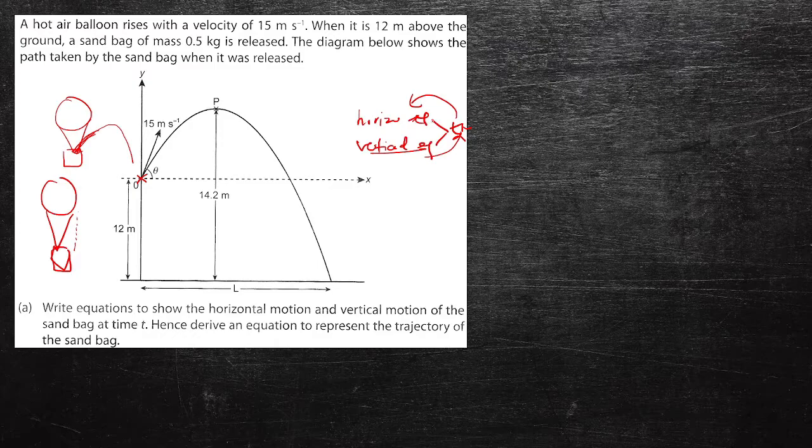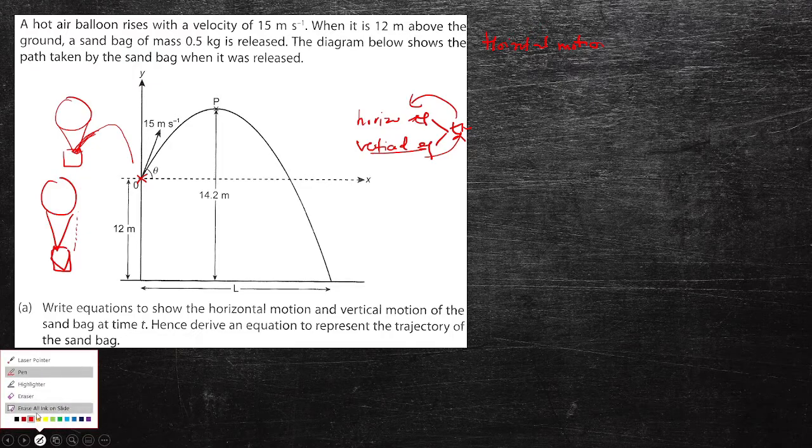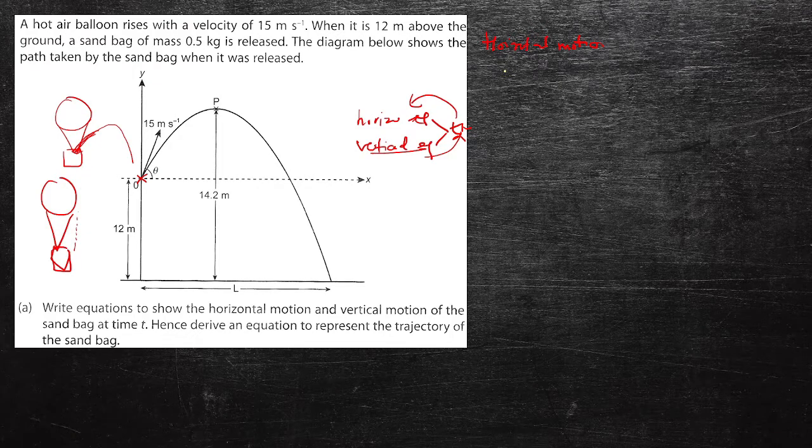So first of all, we have to start with the horizontal motion. So horizontal motion, x equals 15 cos theta t. Okay, s equals ut.